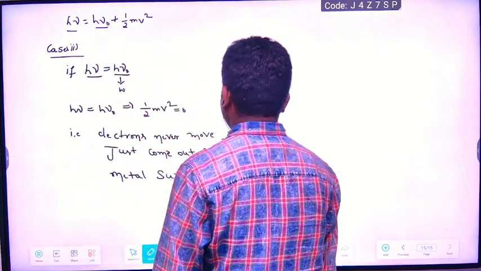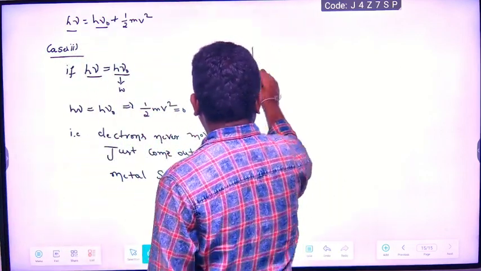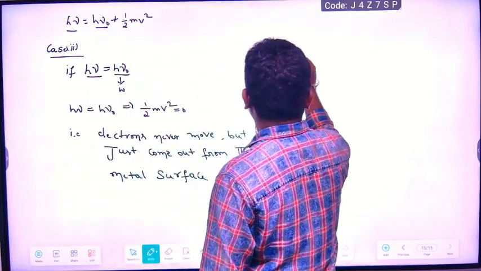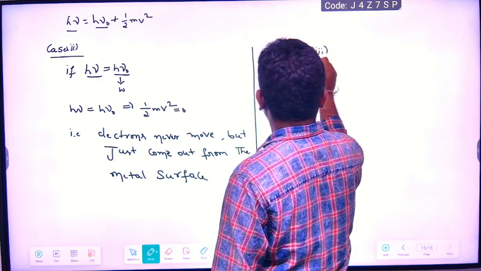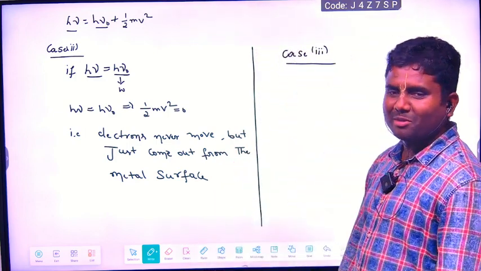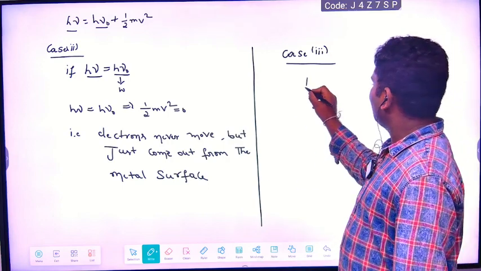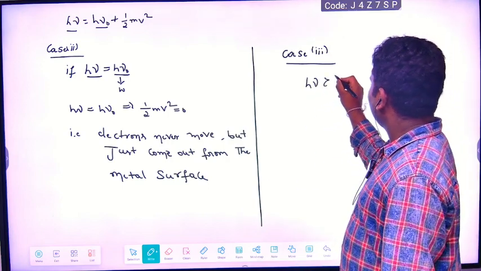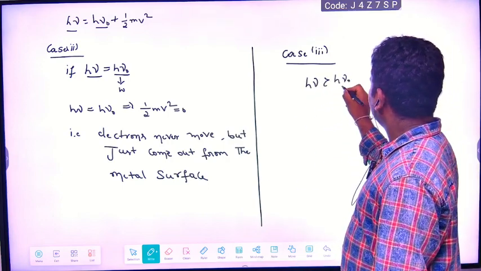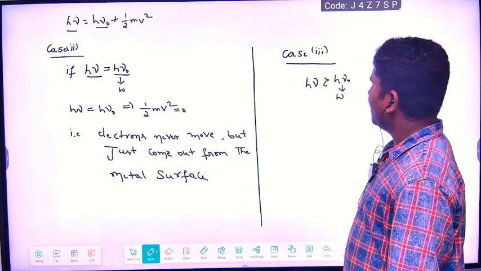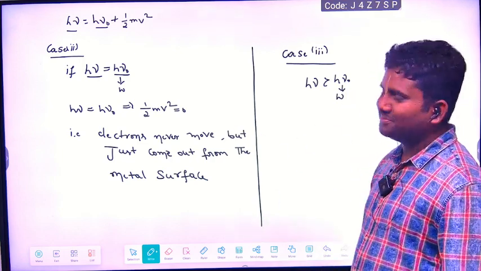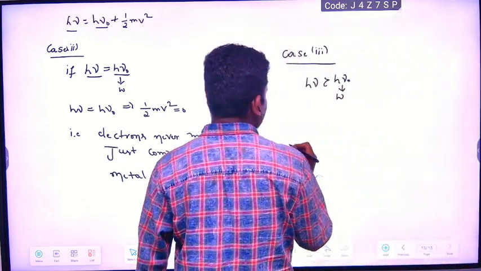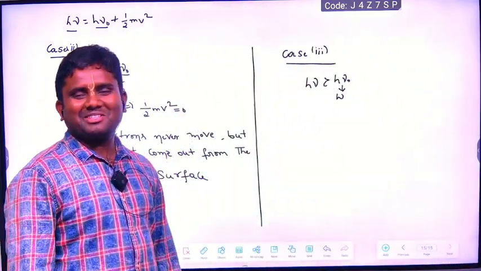Now, third case, case 3. What happens if h mu is greater than h mu naught, or work function, which you can also write as phi or W? Now what will happen to the equation? It will move with some maximum velocity.